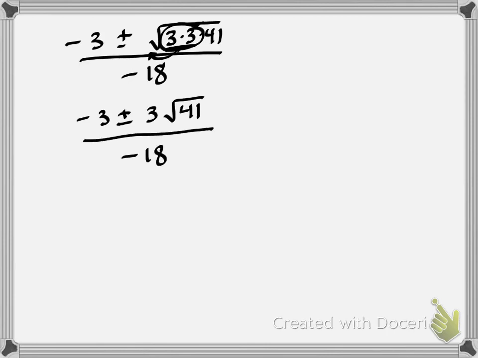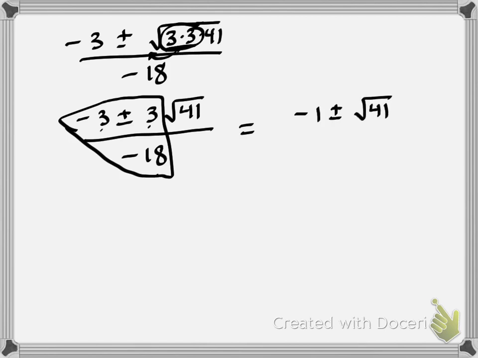And the reason we do that is because sometimes in this little triangle right here of numbers, you have a common factor, or you can divide them all by something. And so I have 3, 3, and 18. Those all can be divided by 3. And if I simplify that, I'll get negative 1 plus or minus the square root of 41, because that 3 turned into a 1.